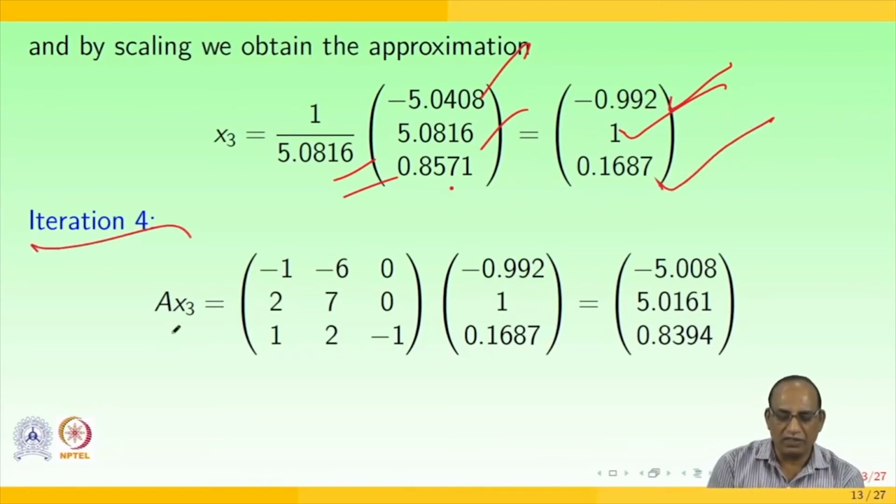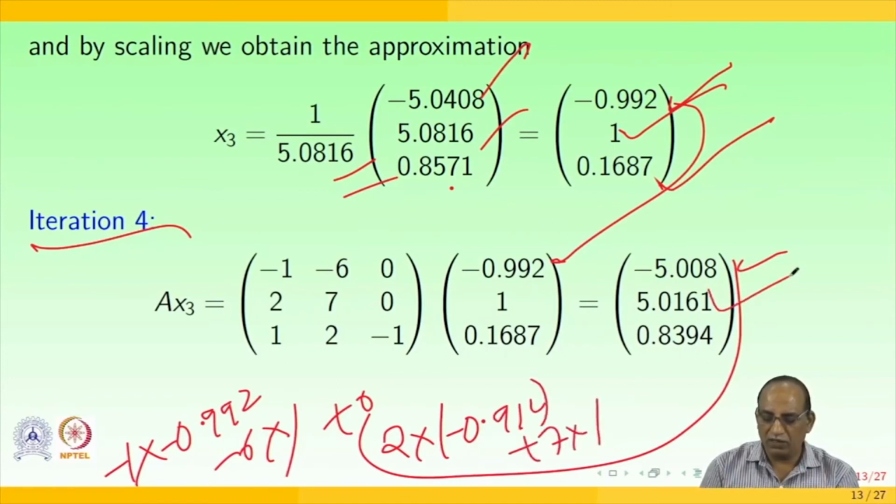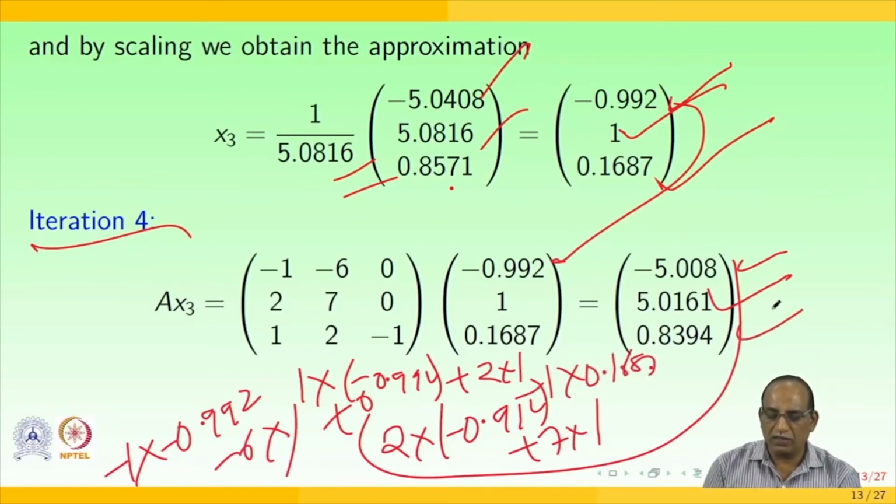And in the fourth iteration, AX4, you get matrix A, and this is the value which you get. So minus 1 into minus of 0.992, second value is 2 into minus of 0.992 plus 7 into 1, you get this value. Third value is 1 into minus of 0.992 plus 2 into 1 minus 1 into 0.1687, you get this value.